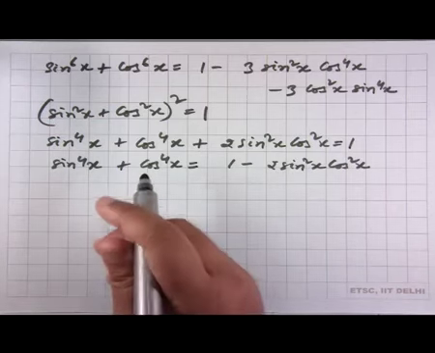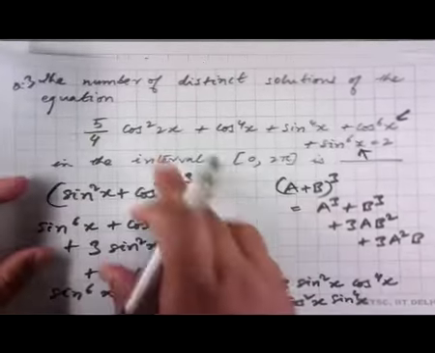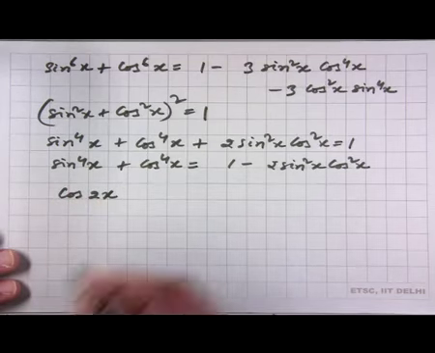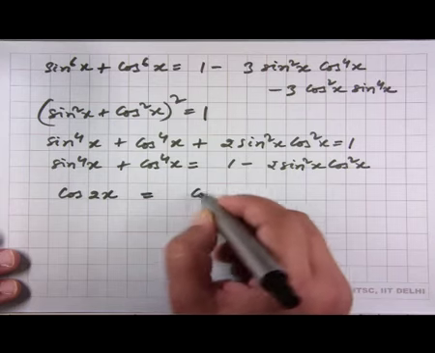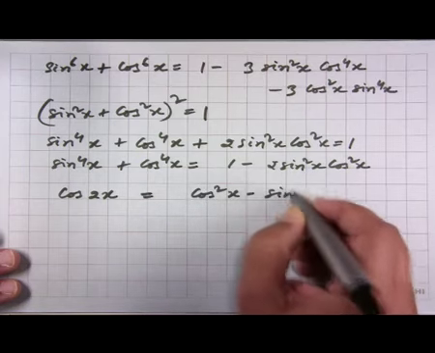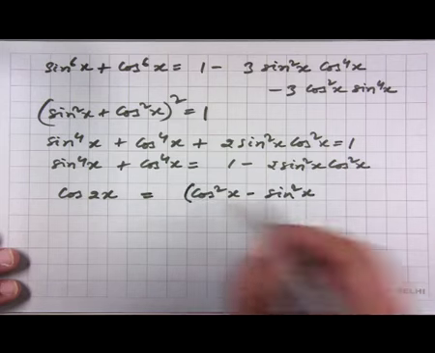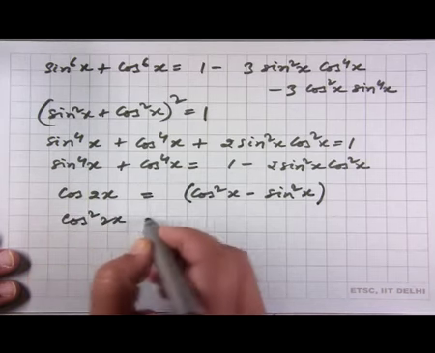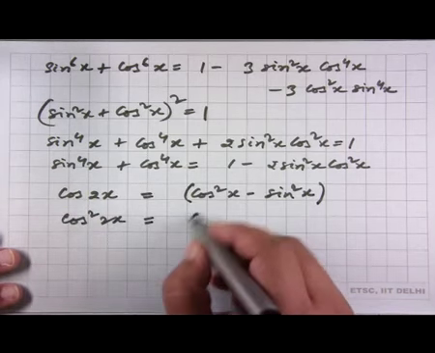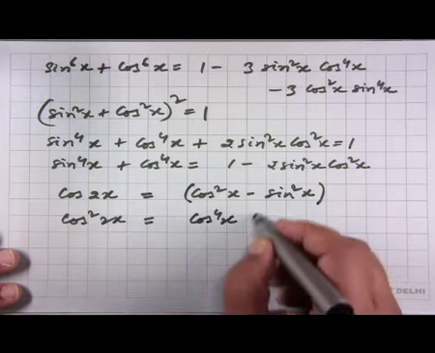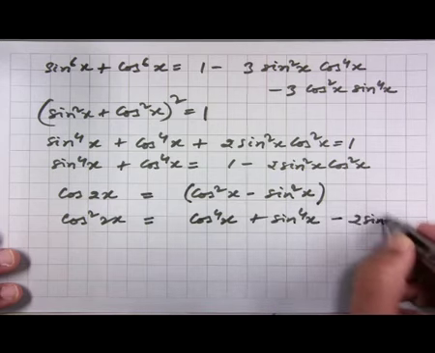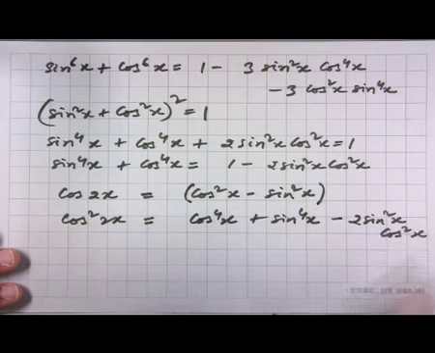And then of course, the other term was 5 by 4 times cos square of 2x. But we know that cos of 2x is equal to cos square x minus sine square x, and therefore cos square of 2x will be cos 4x plus sine 4x minus 2 sine square x cos square x.